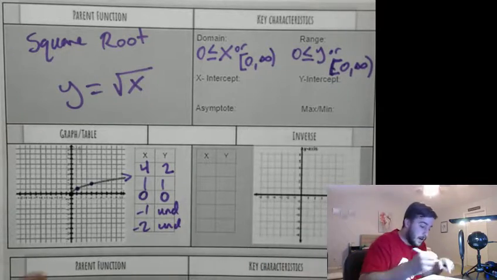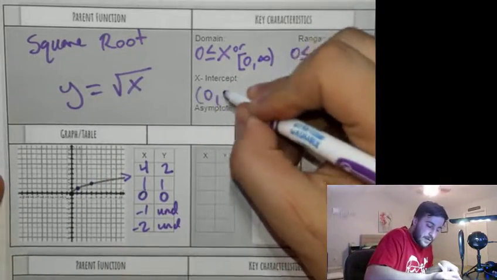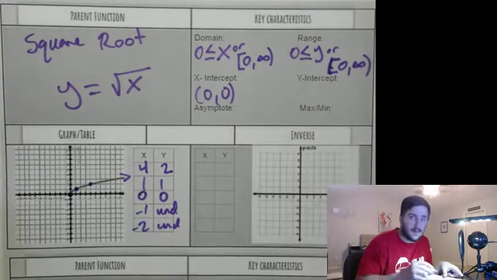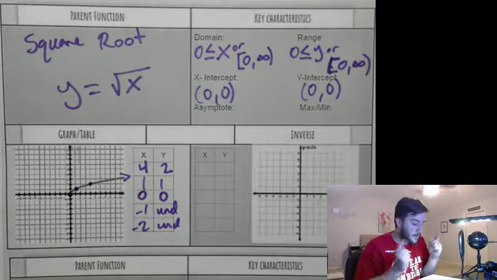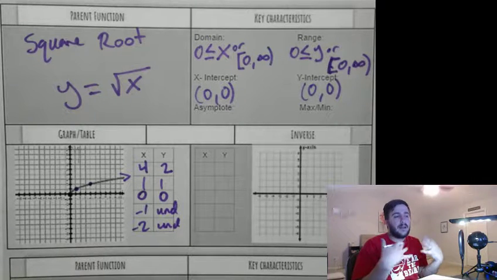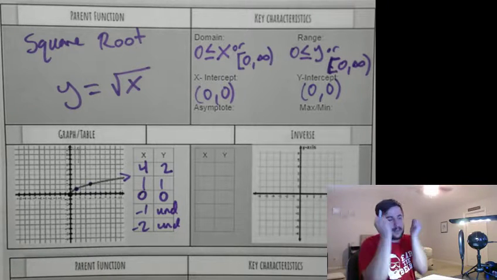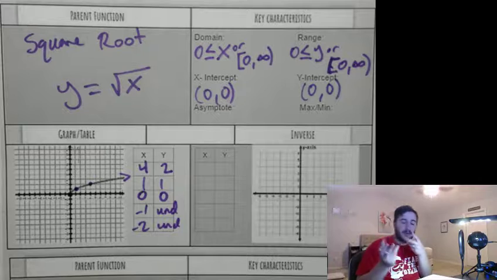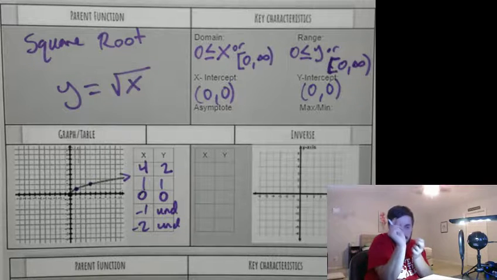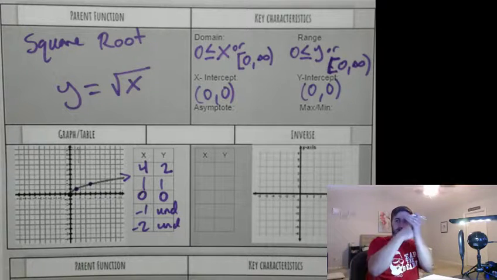Okay. Anytime we go through the origin 0, 0, that is our friend. That is our x and y intercepts. Okay. This one, it seems like it should have an asymptote, because you're like, oh, it stops. There's like a thing that prevents it from moving anywhere, but it's not an asymptote. It's not like a barrier that it gets close to. That's what an asymptote is. This is literally it just stops.